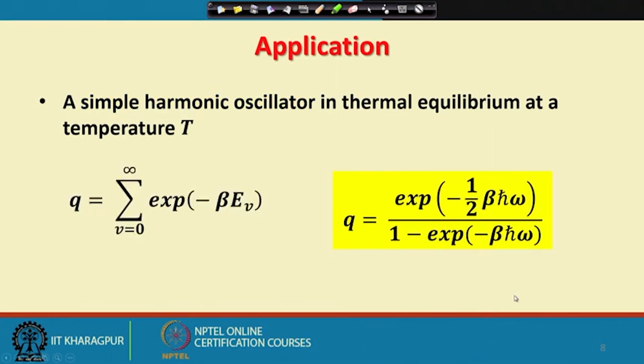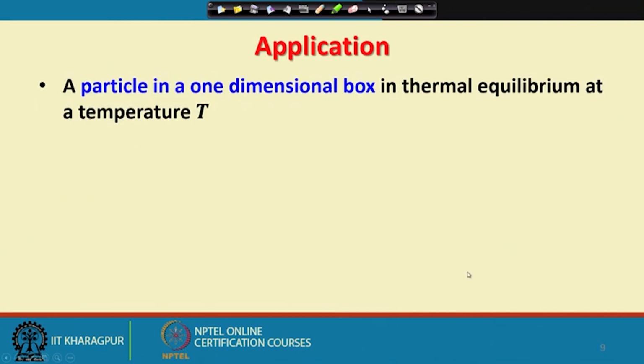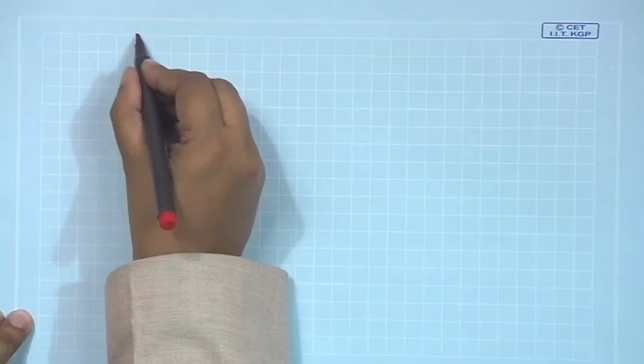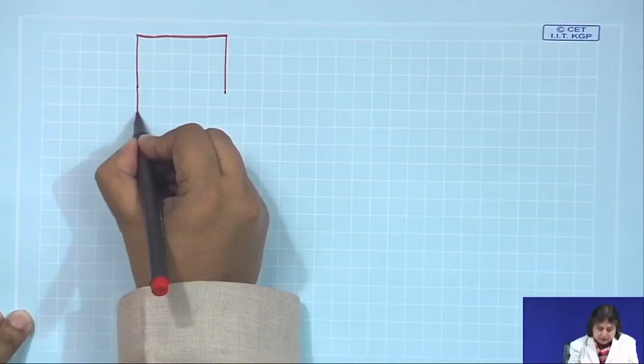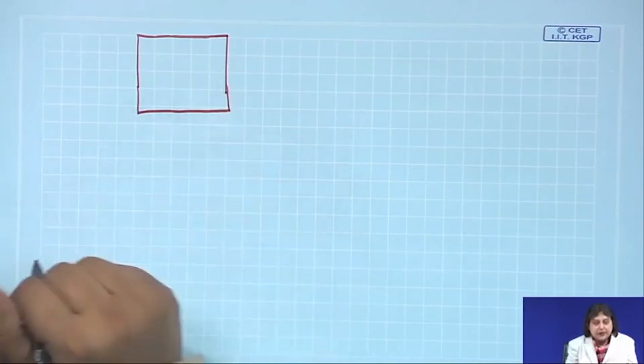Now, in today's class, what I am going to do is, I am going to talk about a particle in a one-dimensional box in thermal equilibrium at a temperature T. Now, once again, this is the picture that I have in mind. So, I have a three-dimensional box. Okay.